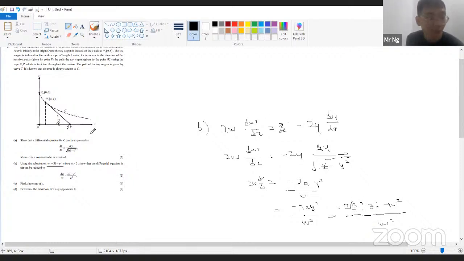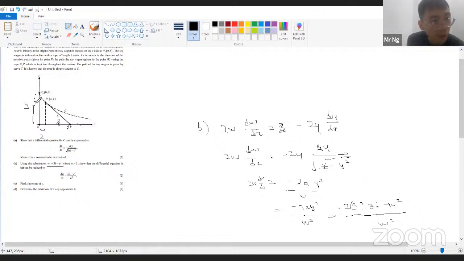So how to find a? What is your y? Your y is here, and what's your x? So this is y, this is x. At every point we form a tangent. So we need to choose a point.